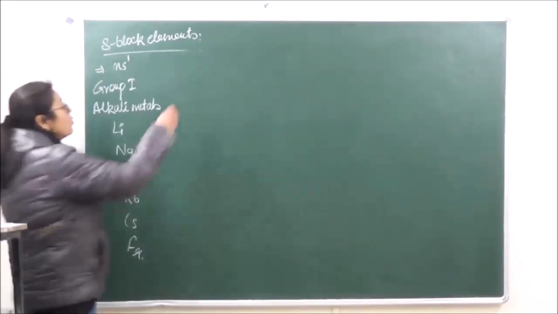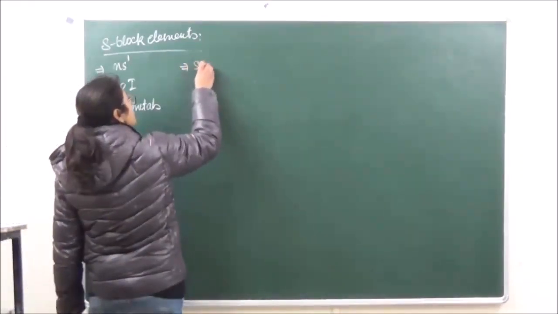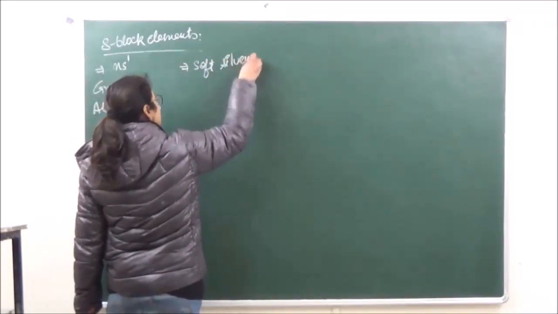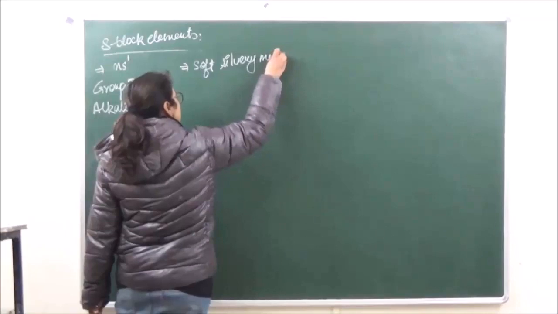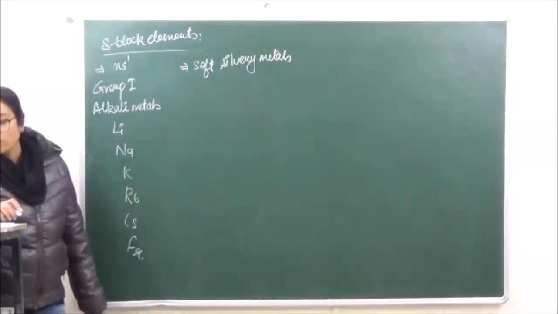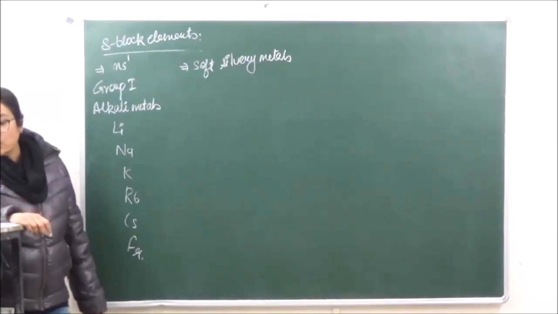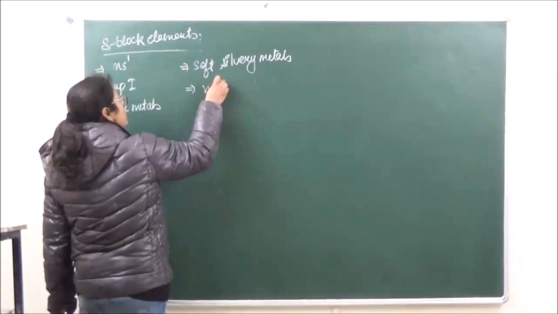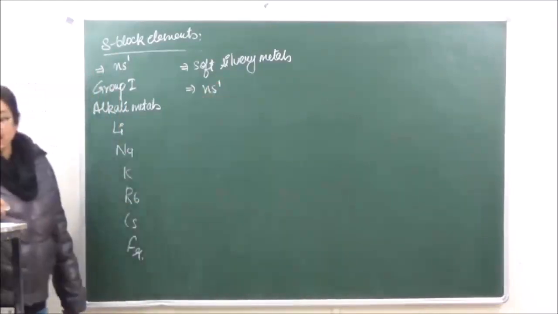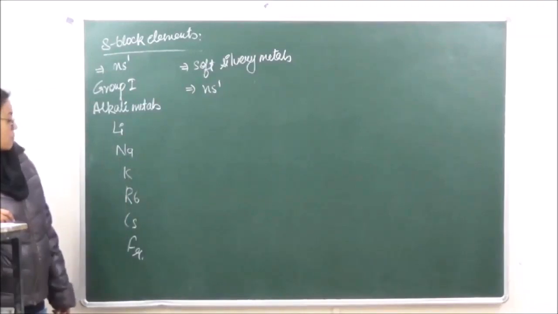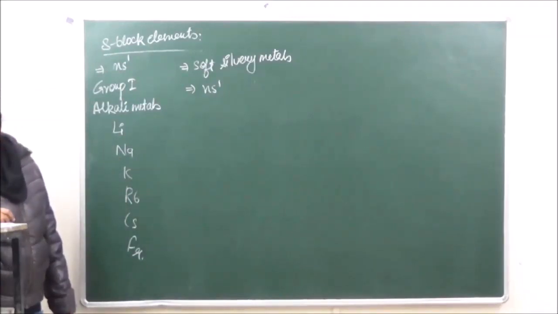They all are going to be soft and silvery metals, right? Now, the valence electron, the general electronic configuration is going to be NS1, and the elements we've already done: lithium, sodium, potassium, rubidium, cesium and francium.